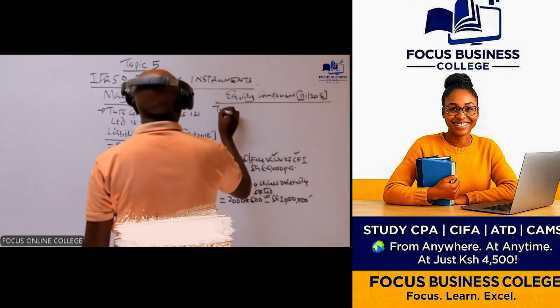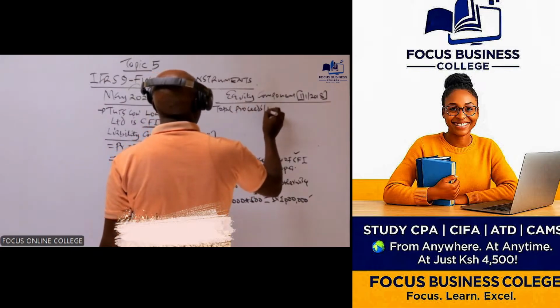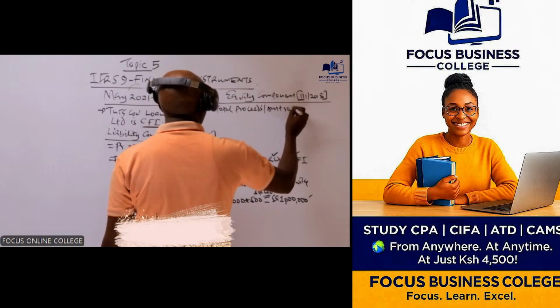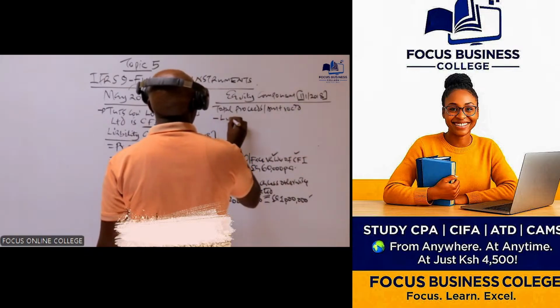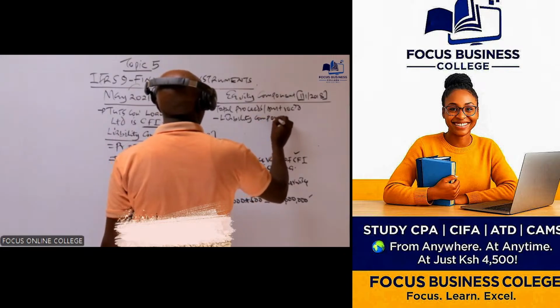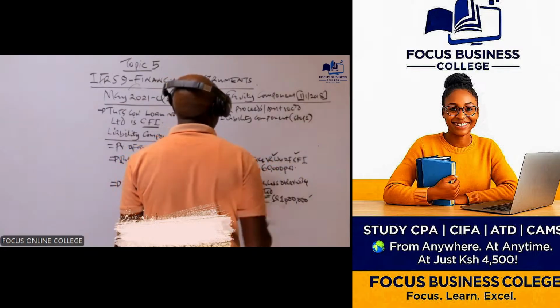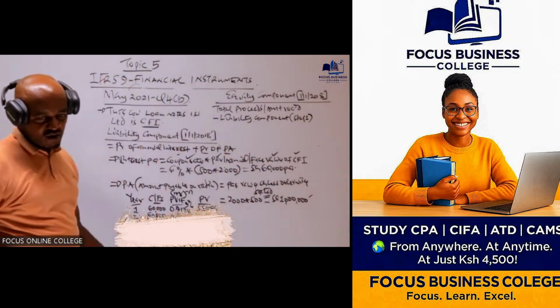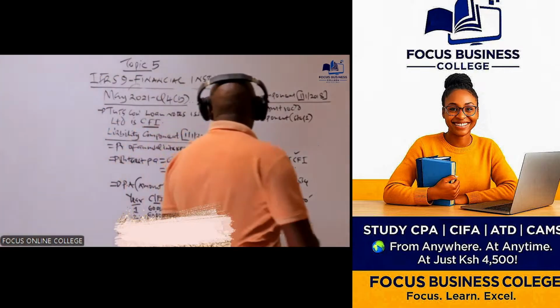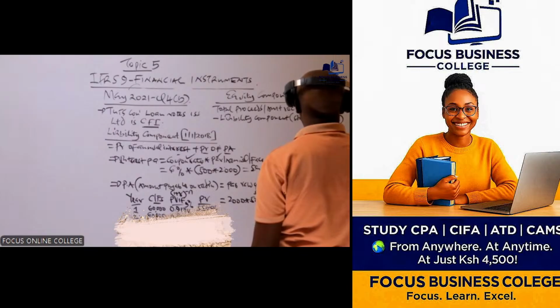Remember, I've given you the formula: the total proceeds, the amount received, minus the liability component, which we computed in step 1. The liability component is 924,078.